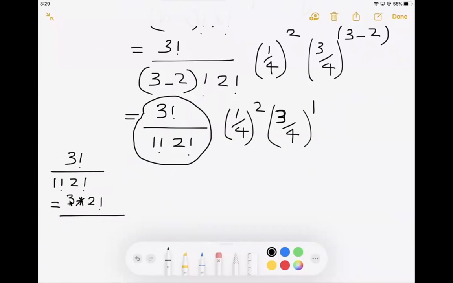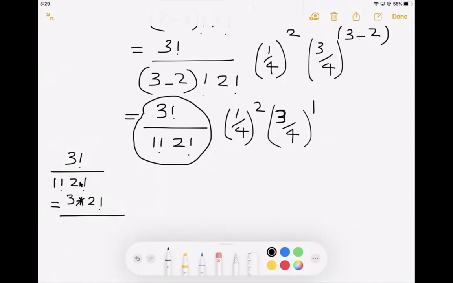3 factorial means 3 times 2 times 1. So we can write 3 times, then 2 times 1 is 2 factorial. So you can write this as 3 times 2 factorial. Then 1 factorial is 1, so you don't need to write that part.